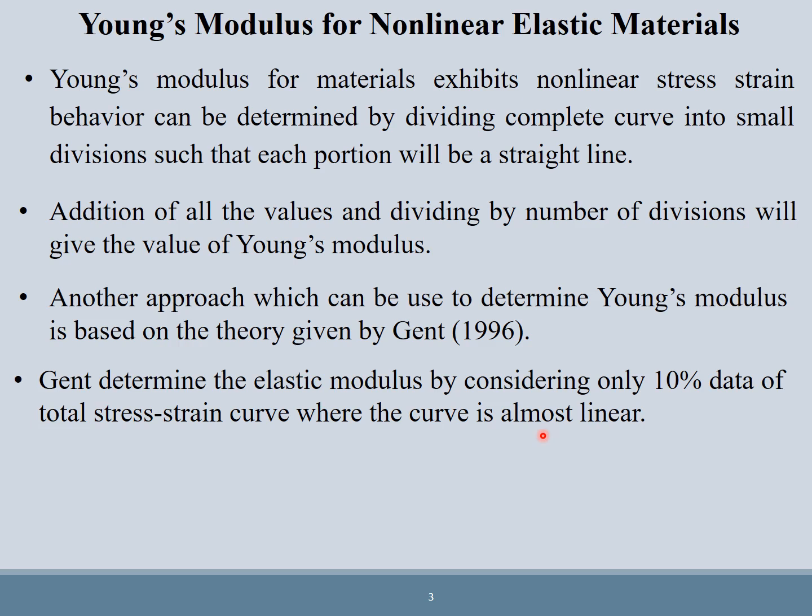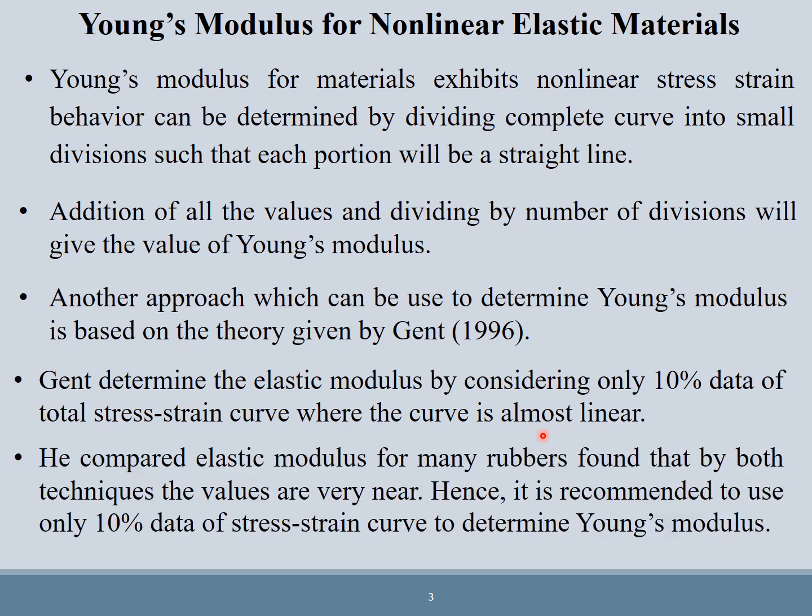Then he got almost a 95 or above match, and then he determined the slope of that straight line, and compared the value of that Young's modulus with the one obtained by considering the complete curve, and when he compared he found a better match of Young's modulus. So it is one of the methods by which we can determine the Young's modulus for rubber-like materials.